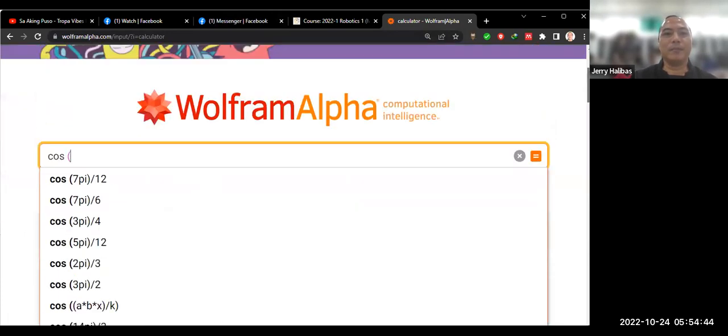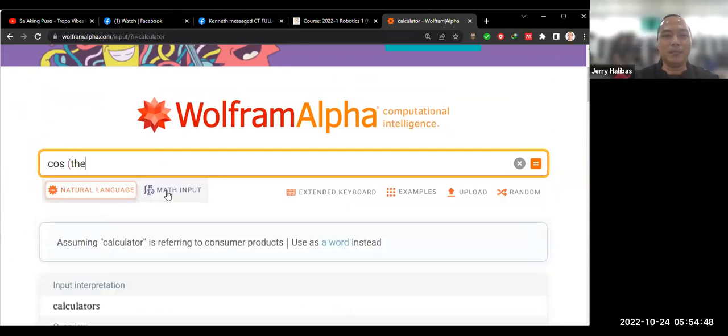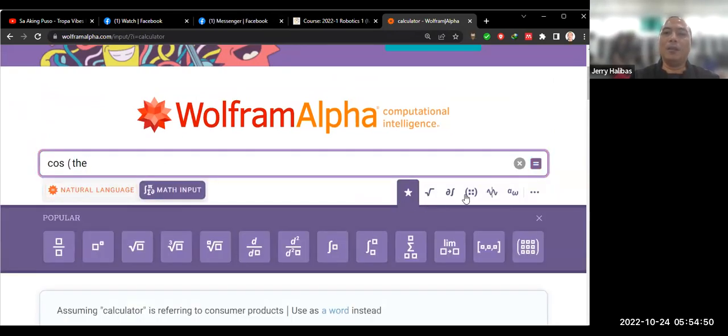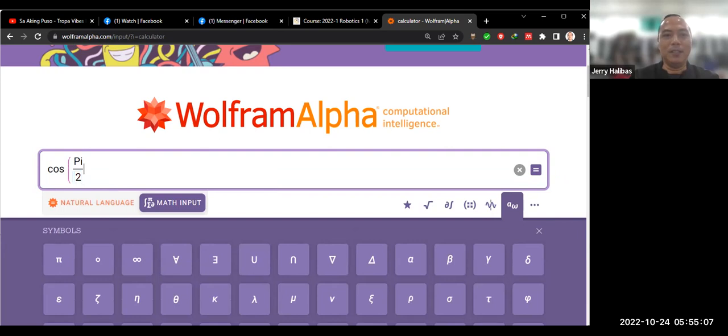Cosine. Input. Cosine 90 minus. The problem is degrees. It should be pi over 2. Pi over 2 minus.